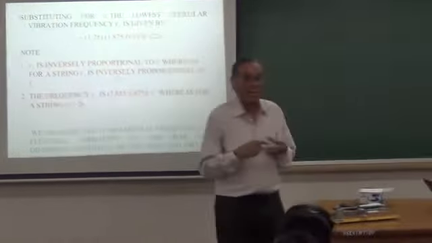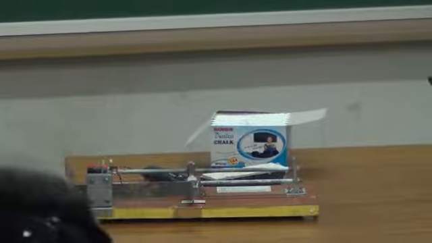So here I can clamp this bar, I can open the screw, move the bar, and clamp it so that any length projects outside. So I can start with a length of whatever you want, 150 millimeters, 200 millimeters. I am going to set it into forced oscillation.